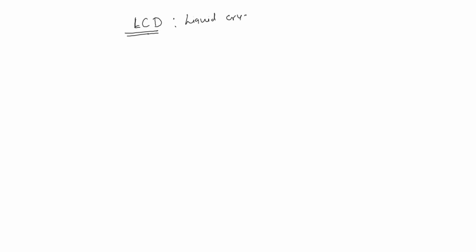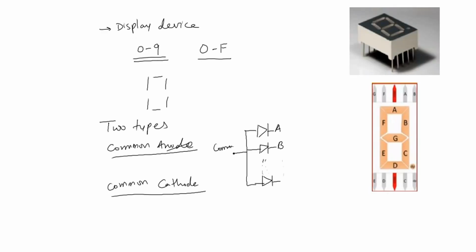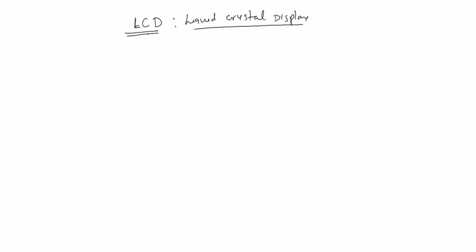So what actually is a liquid crystal display? In the LED we can only display 0 to 9 and hexadecimal numbers. We cannot write running characters on that LED, right?